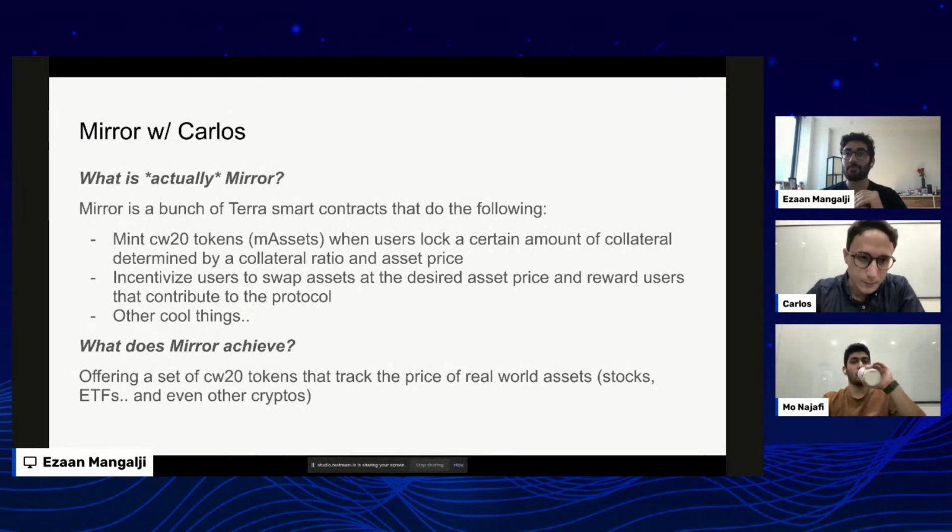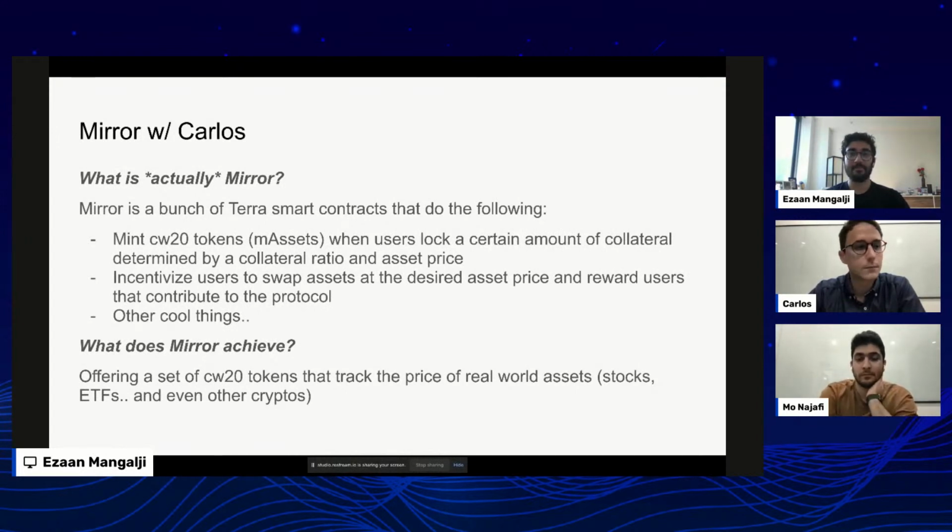To put it in simple terms, Mirror is just a bunch of smart contracts that do this basic thing. Mirror contracts mint CW20 tokens, which are the M assets like MAPL and BTC, when users lock a certain amount of collateral determined by a collateral ratio and asset price.